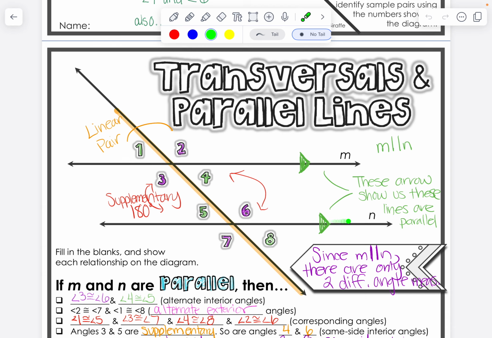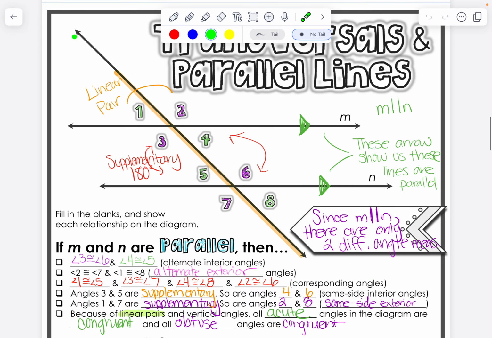Since M is parallel to N, we really only have two different angle measures within this entire diagram. Our transversal is highlighted here in orange. We're going to look at these different angle relationships and what that tells us. When we have alternate interior angles, interior meaning between the two lines, alternate meaning different sides of the transversal, like 4 and 5, 3 and 6, okay?